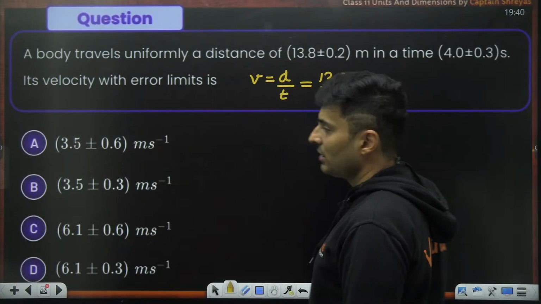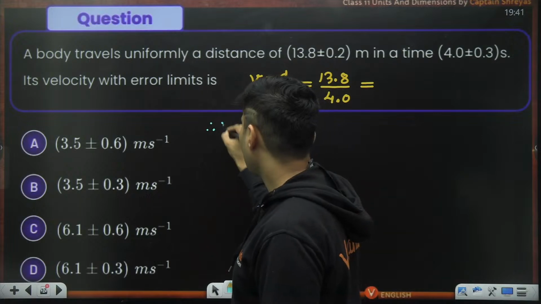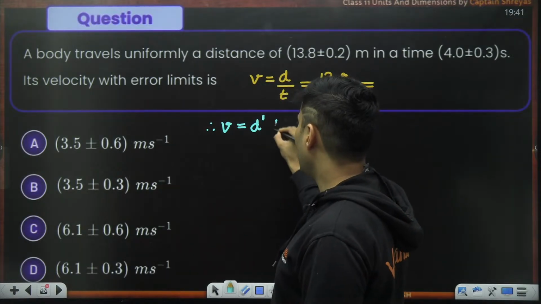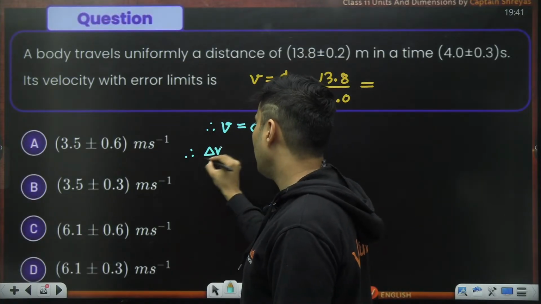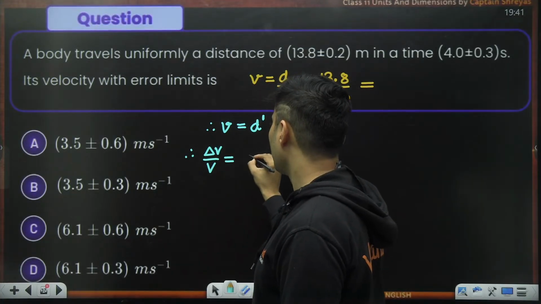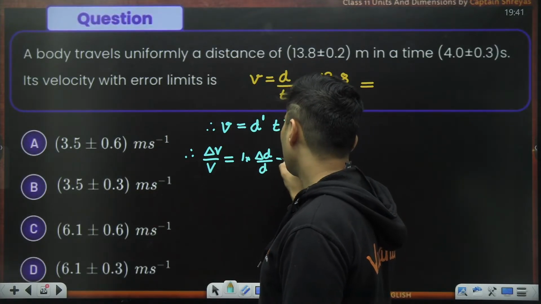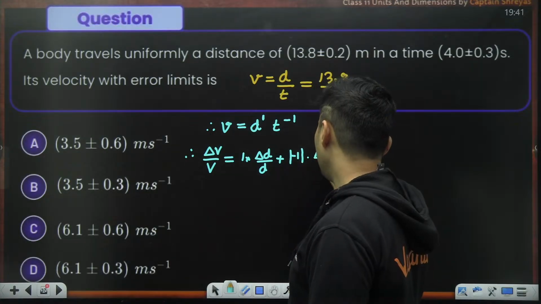First, figure out this particular answer and then go to this. Technically, V will be D to the power 1, time is raised to the power -1.